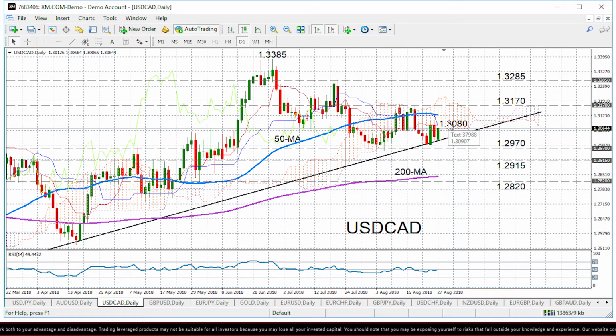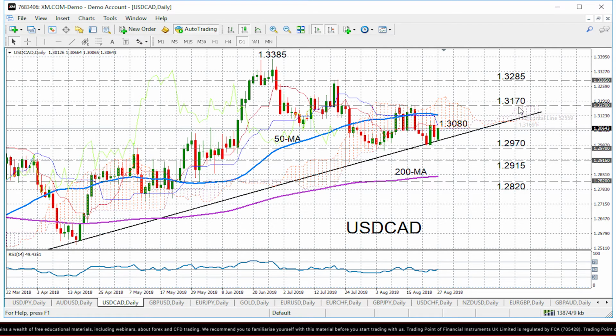A break above that resistance level would take prices deeper into the cloud, deeper into neutral territory, and towards the 50-day moving average around 1.3126 at the moment. Above that, we would likely see resistance around 1.3170.